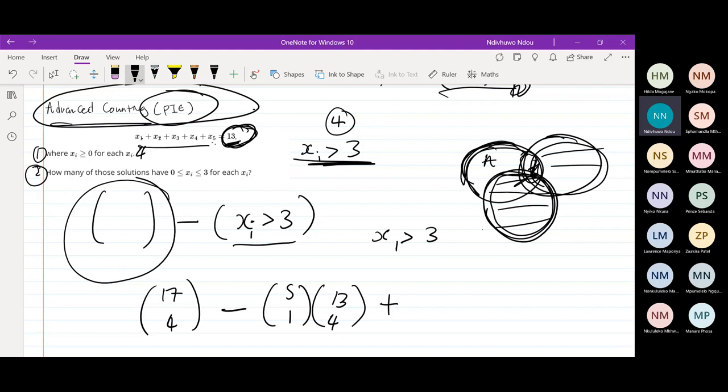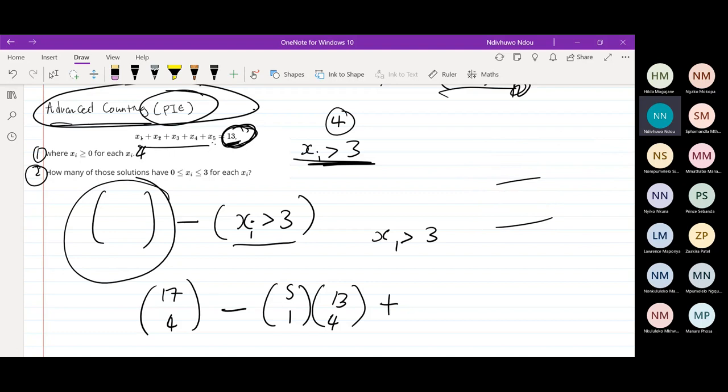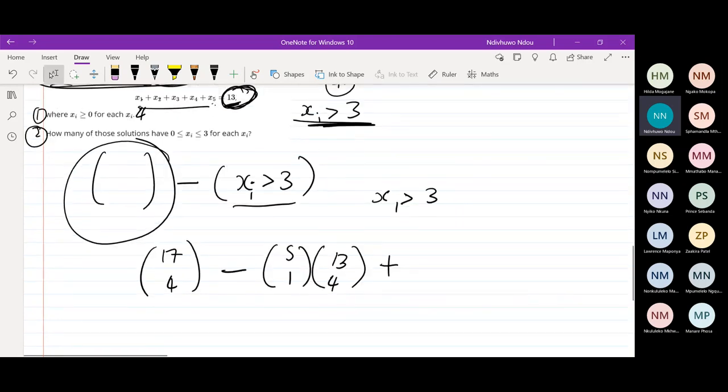You need to add back those things. That's the idea of the principle of inclusion and exclusion. We've subtracted too much, and we need to compensate and add back. You can just memorize it.